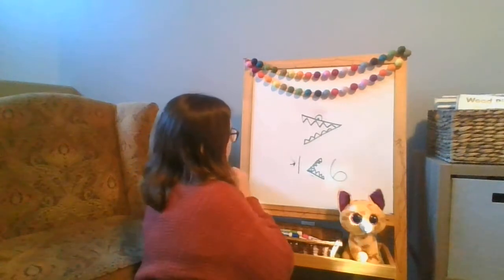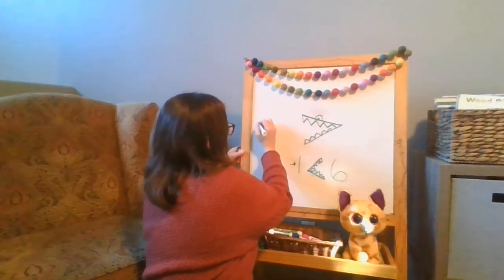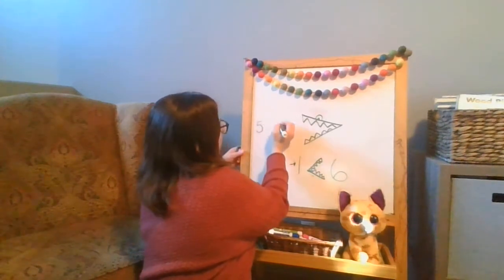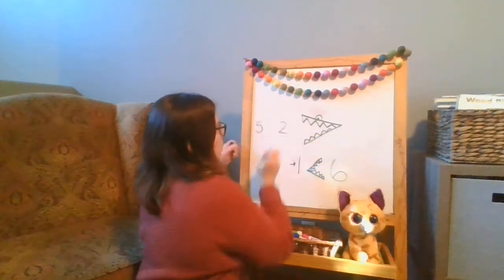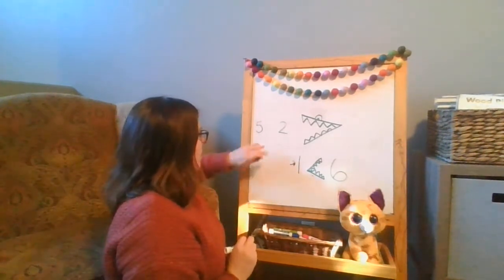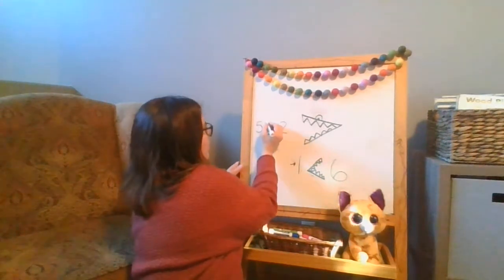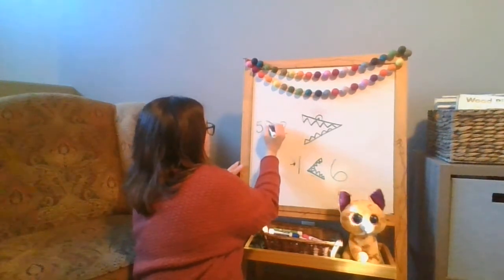What if I had the number 5 and the number 2? Which number is bigger? Which one will our alligator want to eat? The 5, right? That's bigger. So we'll look at our hungry alligator.